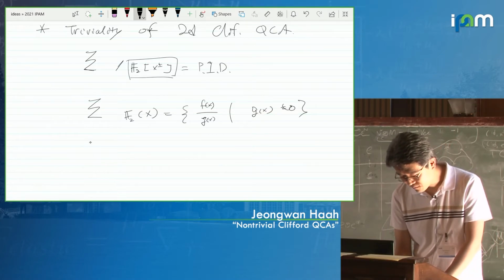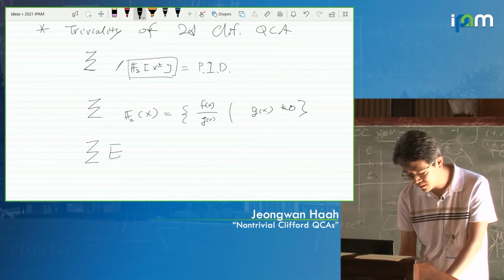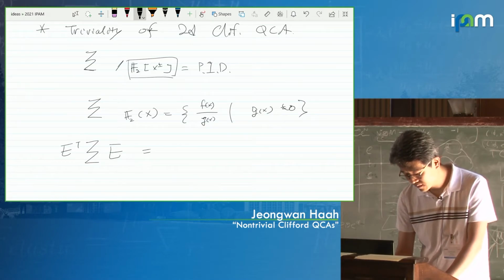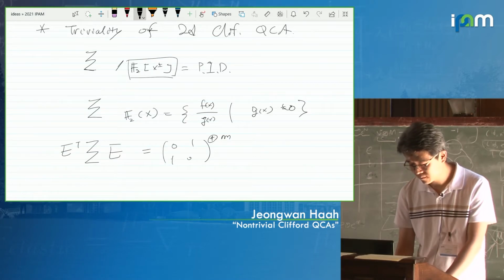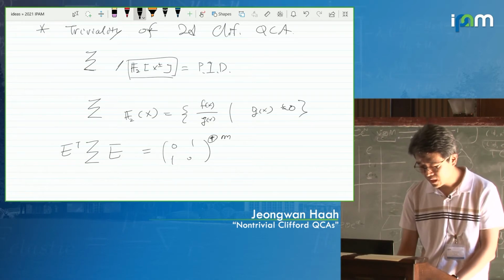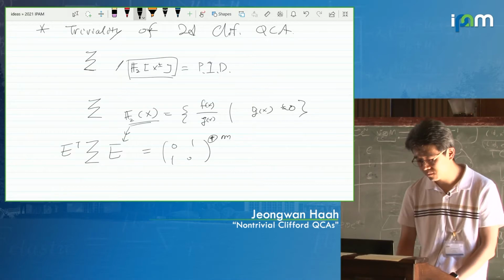Suppose I have trivialized this using some transformation, and now E can take elements from the function field.